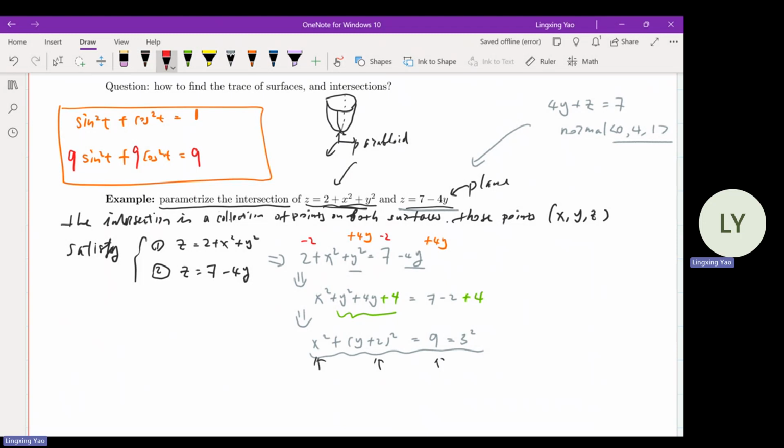So we have to work on this a little bit, because this is 3 times sine t squared plus 3 times cosine t squared, and this equals 9. So how about we let the x part be 3 cosine t, and this part be 3 sine t, and then we got this, right?